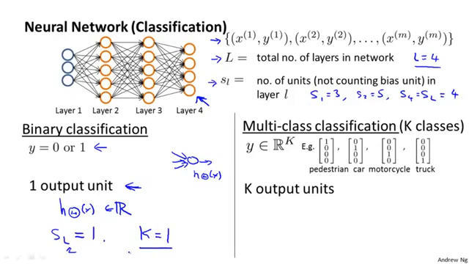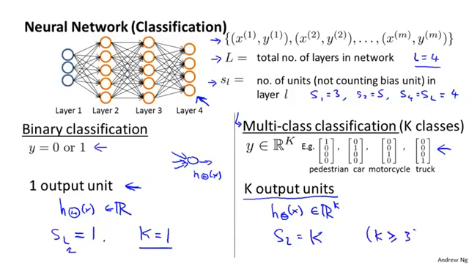The second type of classification problem we'll consider will be multi-class classification, where we may have K distinct classes. So our early example had this representation for y if we had 4 classes, and in this case we would have capital K output units, and our hypothesis will output vectors that are K-dimensional, and the number of output units will be equal to K. And usually we would have K greater than or equal to 3 in this case, because if we had 2 classes, then we don't need to use the one-versus-all method.